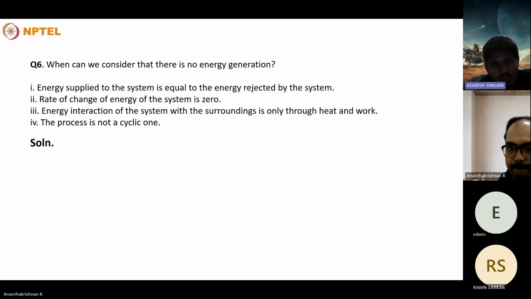When can we consider that there is no energy generation? Option three. Check it once.